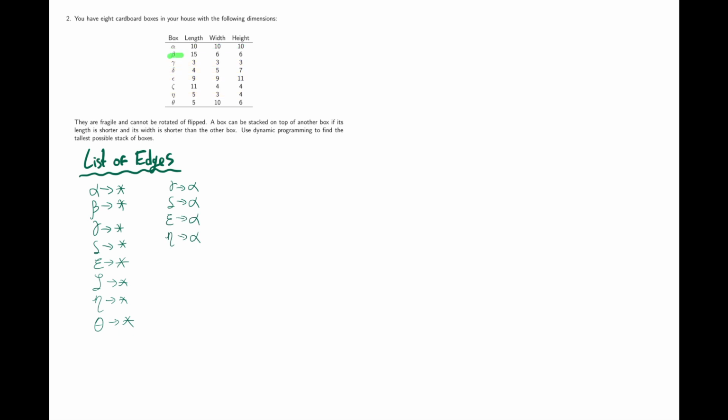Now consider beta. The boxes that can be stacked on top of beta are gamma, delta, zeta, and eta. Now consider gamma. There is no other box that can be stacked on top of gamma. Delta, the boxes that can be stacked on top of delta are just gamma.